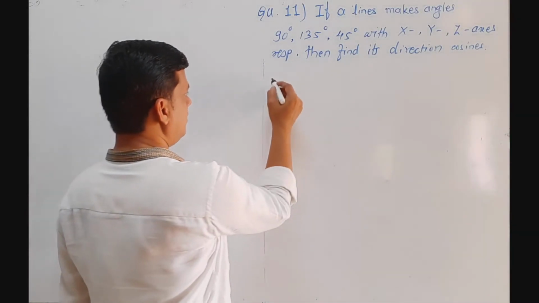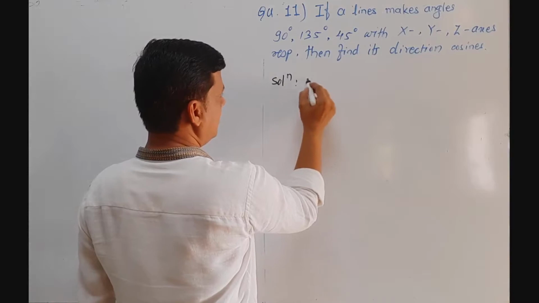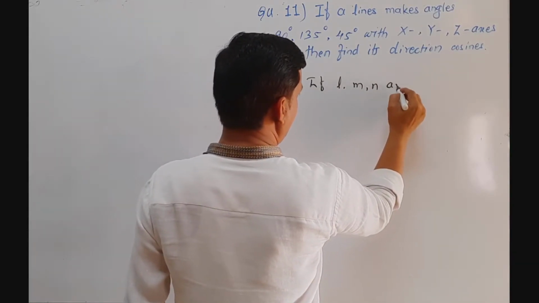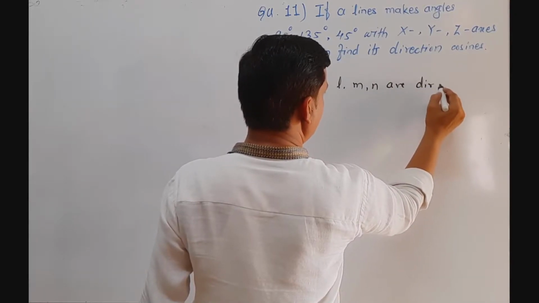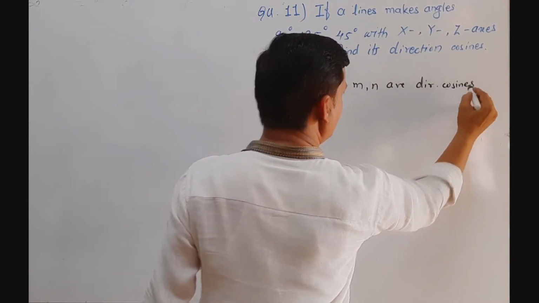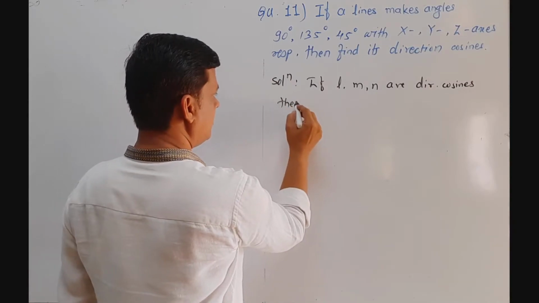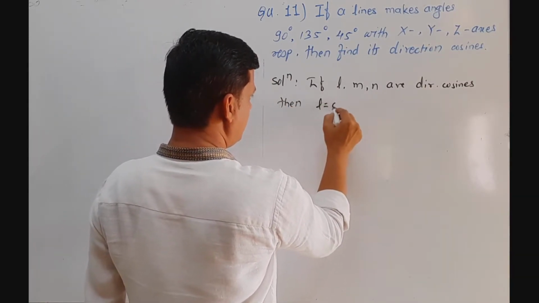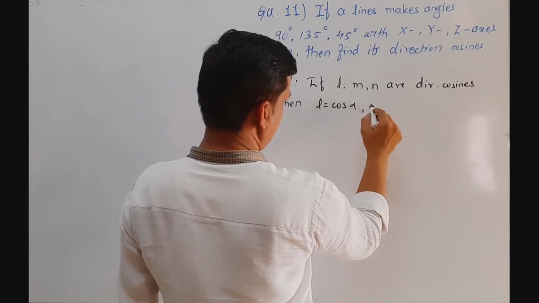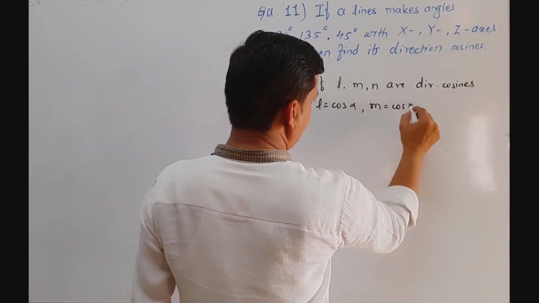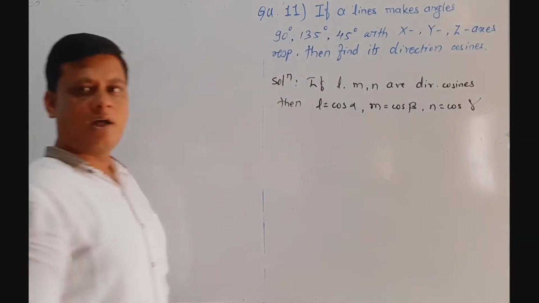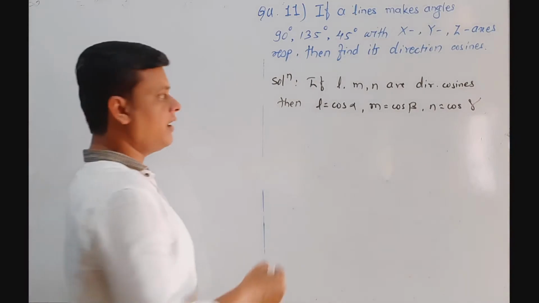So in the solution, if l, m, n are the direction cosines, then we write l equals cos alpha, m equals cos beta, n equals cos gamma, where alpha, beta, gamma are the direction angles.